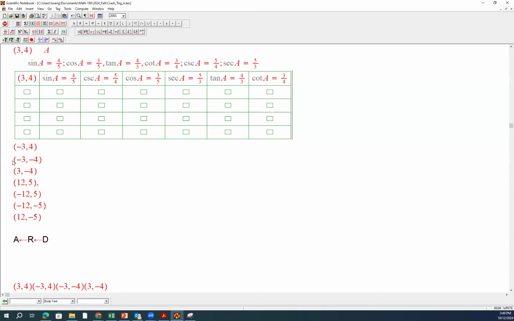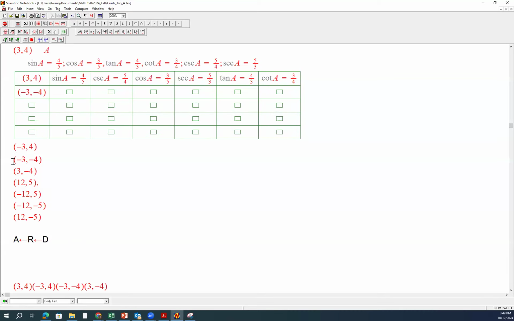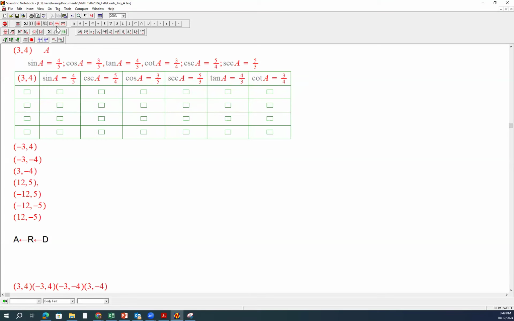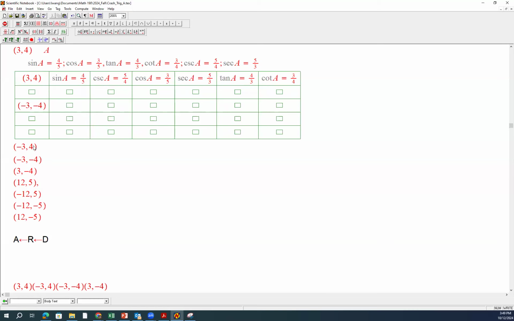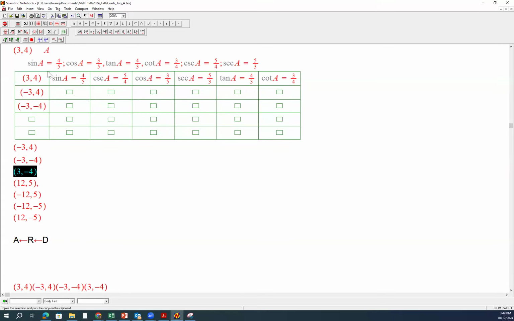Next I want you to work on these. Put it over here. This is the third quadrant, second quadrant, and the fourth quadrant.